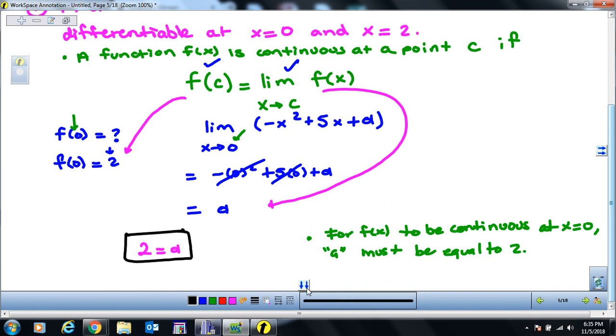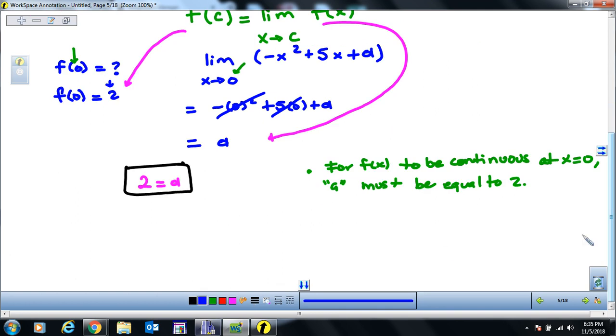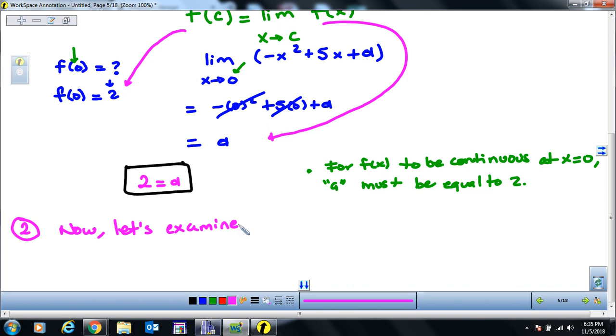Okay. Next part. Now we are going to examine the second thing: let's examine f of x at x equals 2. I already examined x equals 0, and you're going to do the same thing.